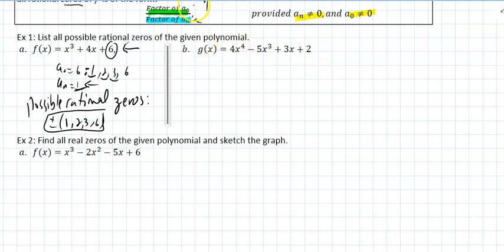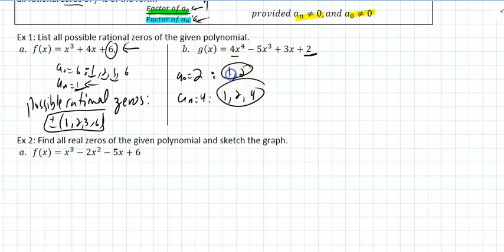How about this problem? Well, again, I need the factors of the constant. The constant is 2, and the factors of 2 are 1 times 2, that's it. And the factors of the leading term, in this case, are 1, 2, and 4. And it is dividing those by those.